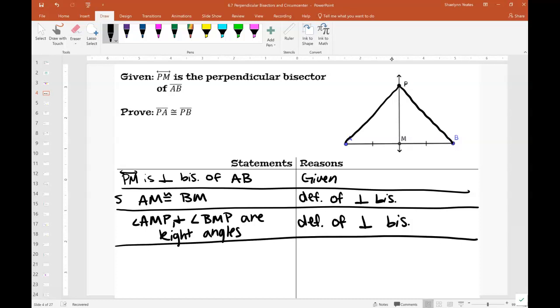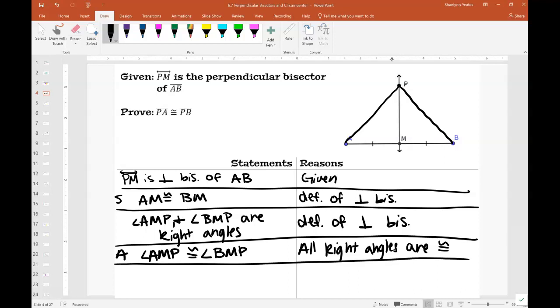So now we can say that angle AMP is congruent to angle BMP because all right angles are congruent to each other. So now we have a side and an angle, and we just need another side. I see a shared side, so we're going to say that PM is congruent to PM, there's our side, by the reflexive property.